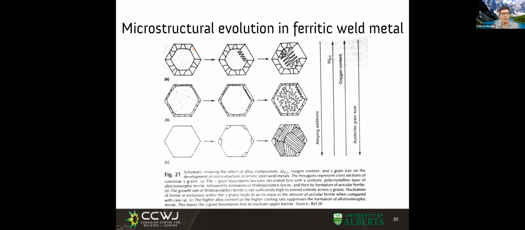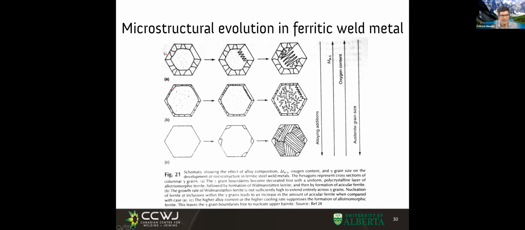Now, when the transformation starts, what we have is this thing that happens around it that is the primary ferrite. Primary ferrite appears around the grain boundaries in austenite. Now, if I cool slowly, I have lots of primary ferrite appear.